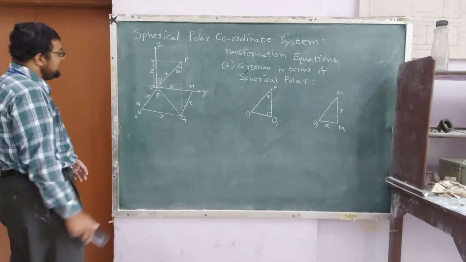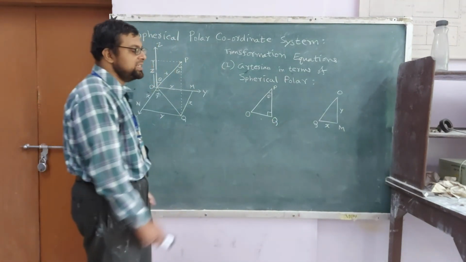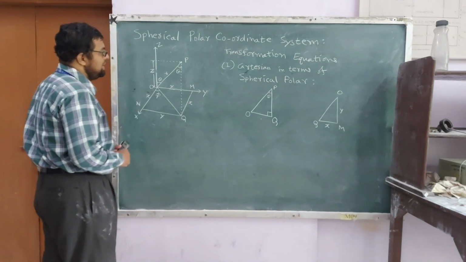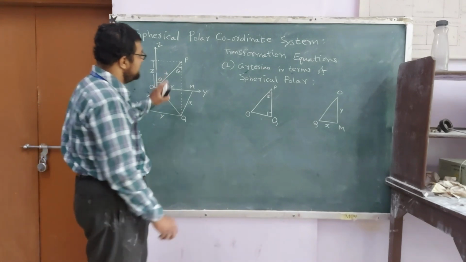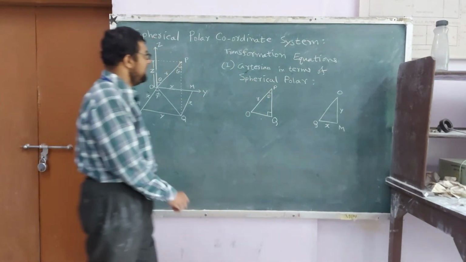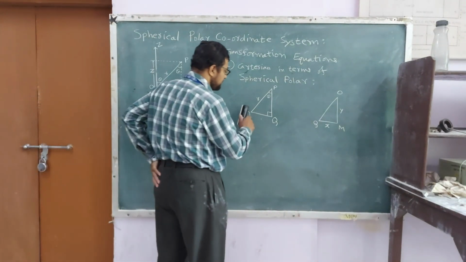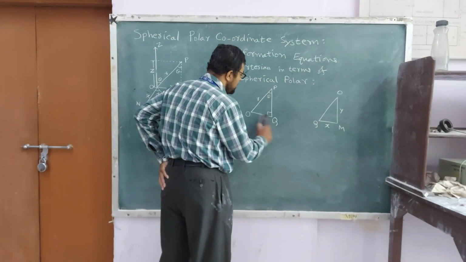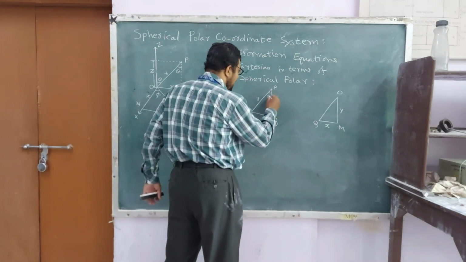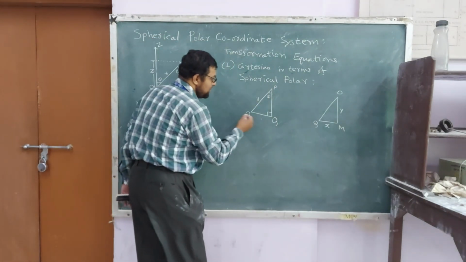Now, if you want to find out what this distance OQ will be from this triangle, then we can find it in an easy way. Remember, this is nothing but R. So this distance OQ will be nothing but, we have to consider opposite divided by hypotenuse, so that is sine theta.